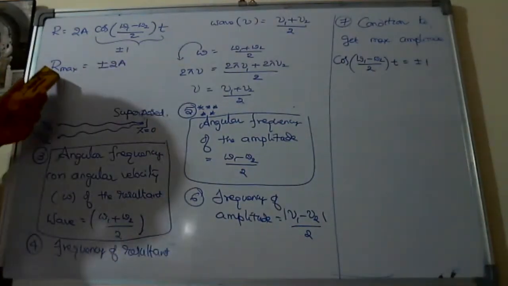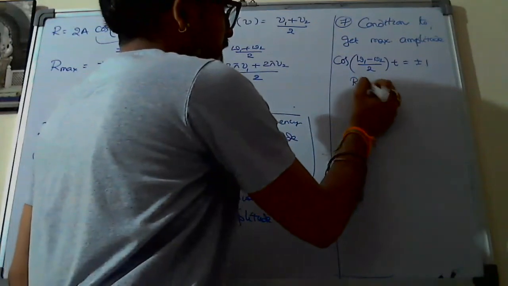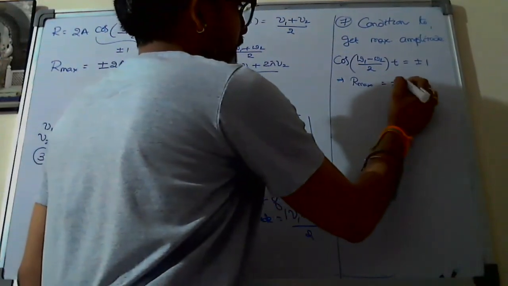Of course, already I wrote here, better I add this one also there: R max is equal to plus or minus 2a.